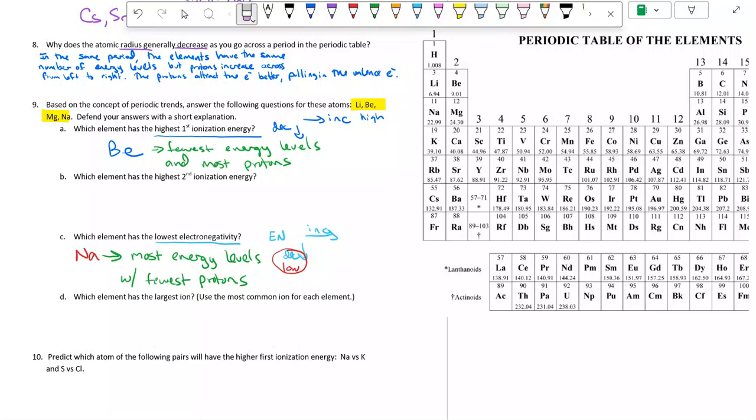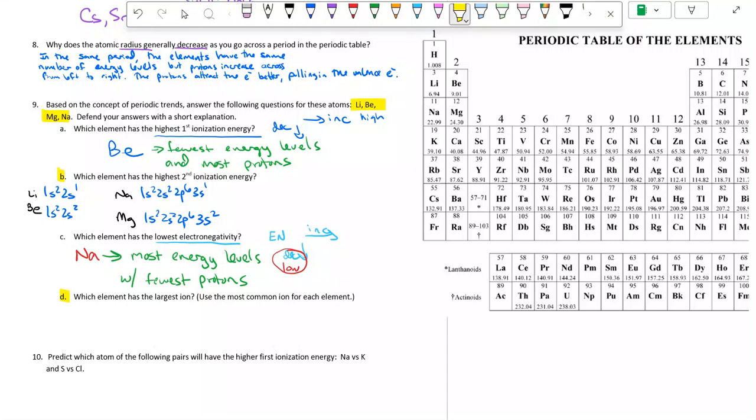Okay, and so I'm going to list out the electron configurations for these 4: lithium, beryllium, sodium, and magnesium. Okay, and then we're going to deal with both B and D here.